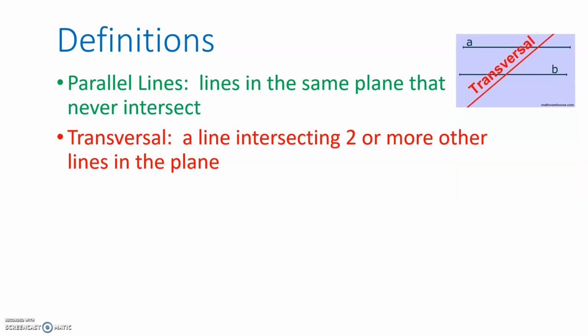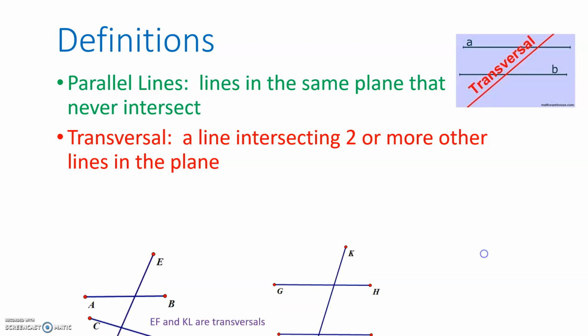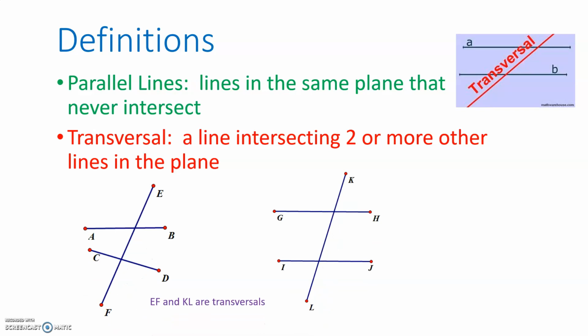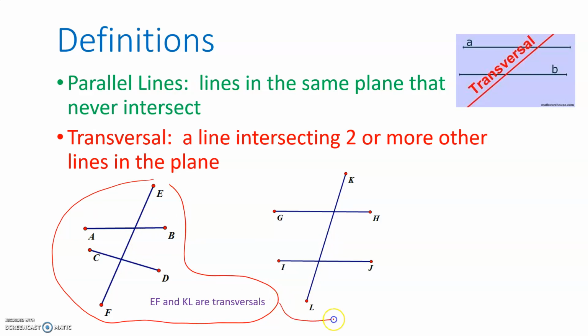So here's a picture of lines A and B, and there is a transversal drawn that goes through those two lines. In this picture over here, EF and KL are transversals. Here are two lines, not parallel, notice, cut by this transversal, so EF is a transversal.